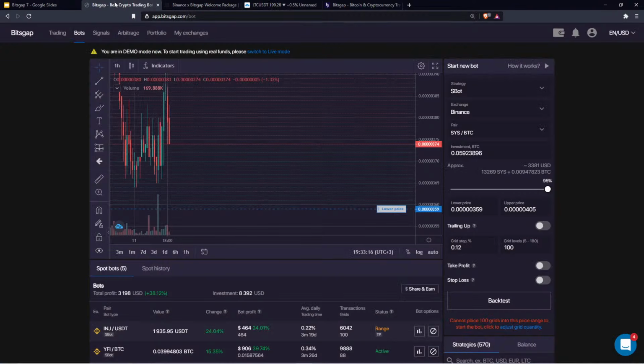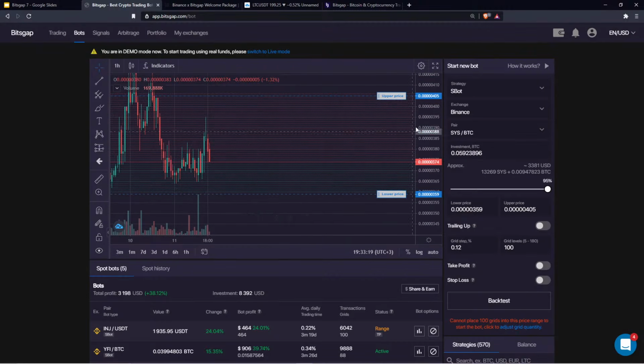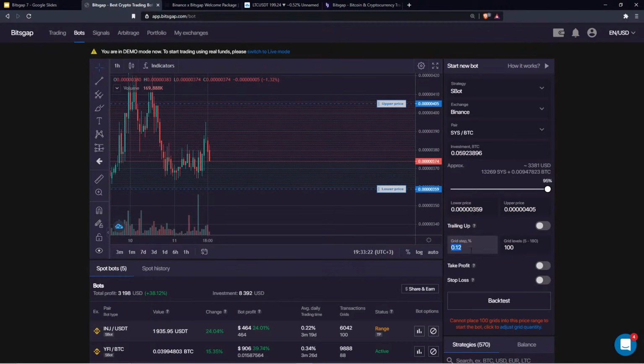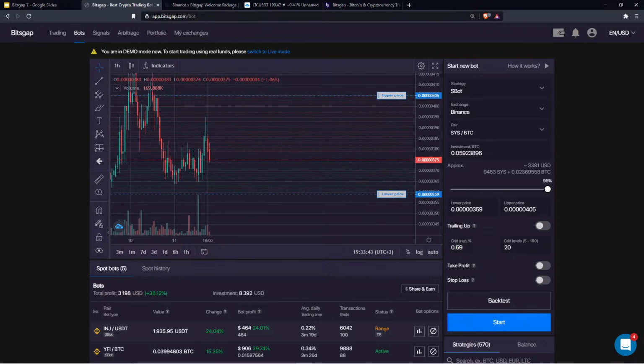And that implies that your marginal return is going to be reduced here. It's 0.12%. So that's the step difference between the buy and sell order. That's the distance between your sell and buy, okay? If you have fewer grid levels, that means that now your marginal return, it's also known as the grid step, is going to be higher, okay?